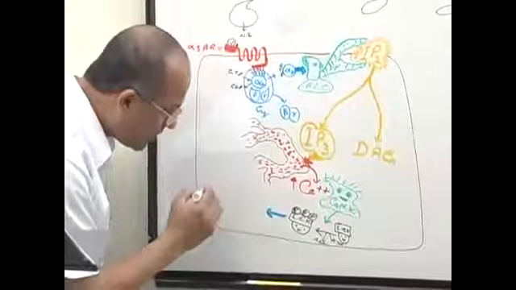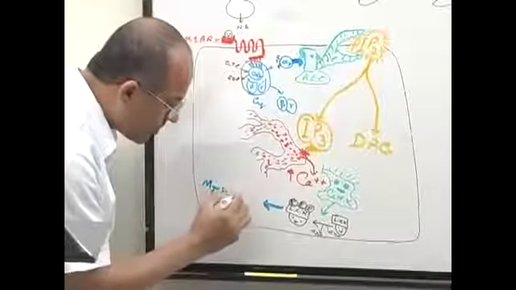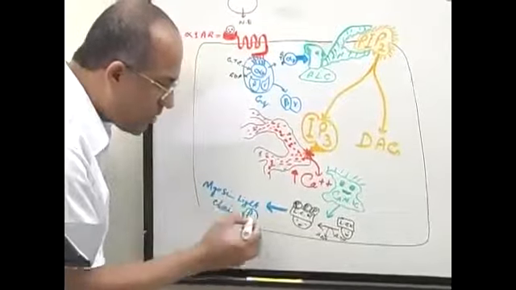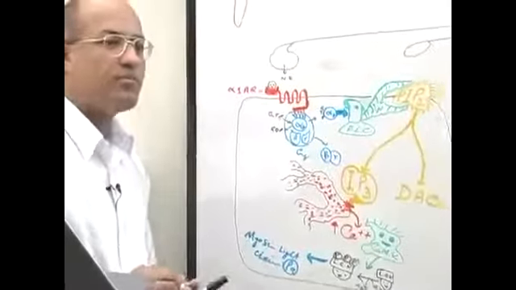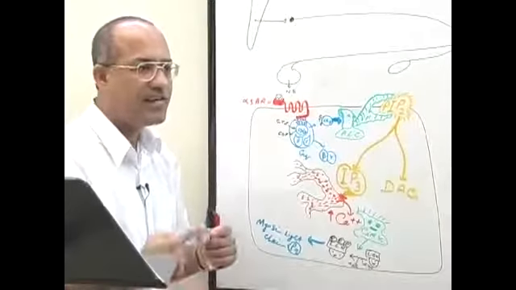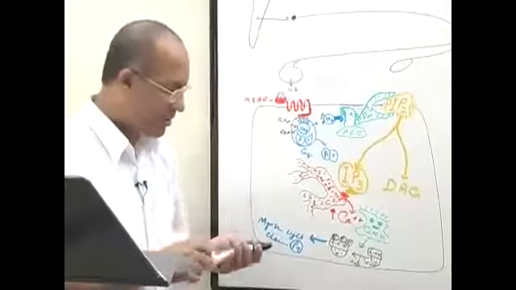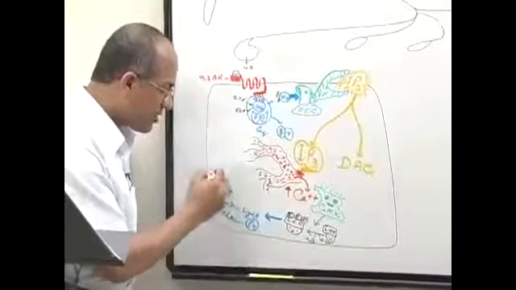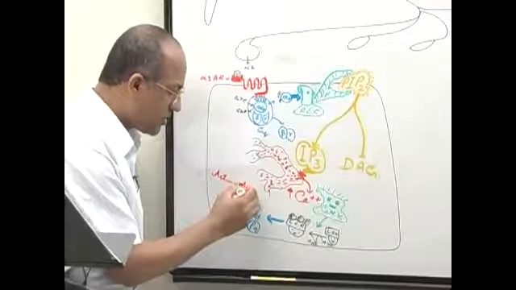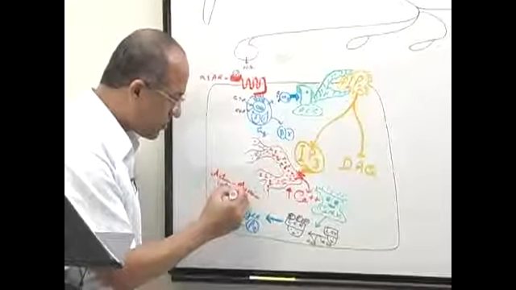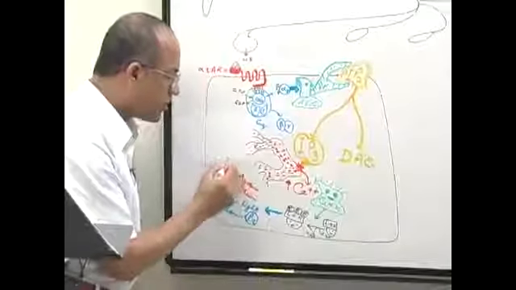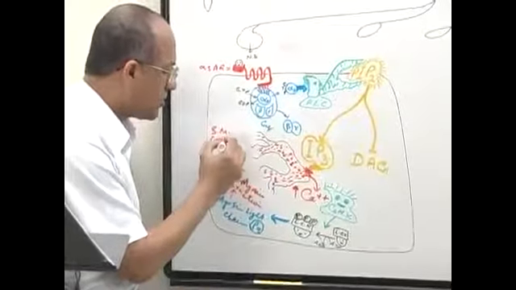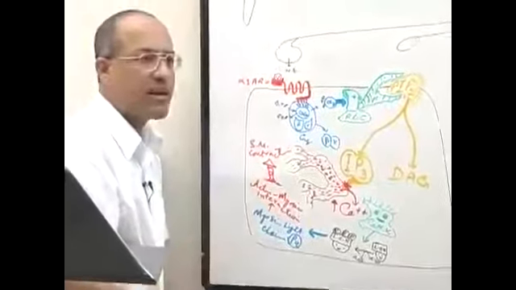When myosin light chains become phosphorylated, they can participate in actin-myosin interaction, and this actin-myosin interaction will lead to smooth muscle contraction. So this is one example of how alpha 1 adrenergic receptors work.